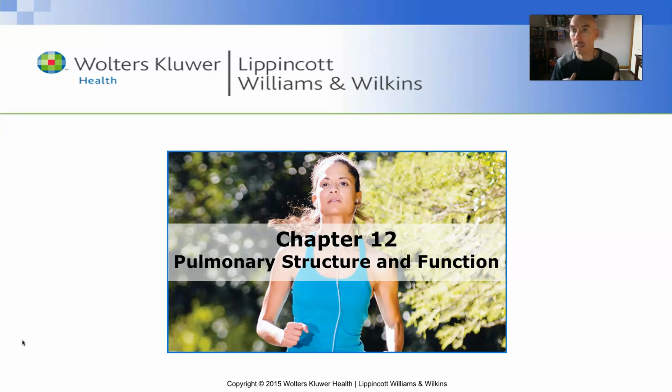And then, as this is an exercise physiology class, we're going to mostly focus on what happens when we exercise, how the pulmonary system contributes, and then touch on some testing and diseases that are associated with the pulmonary system that can have a negative impact on exercise performance. And then our lab this week is going to be looking at one of the most common pulmonary tests, which is known as the forced vital capacity test. And we'll talk about that a little bit more as we go.